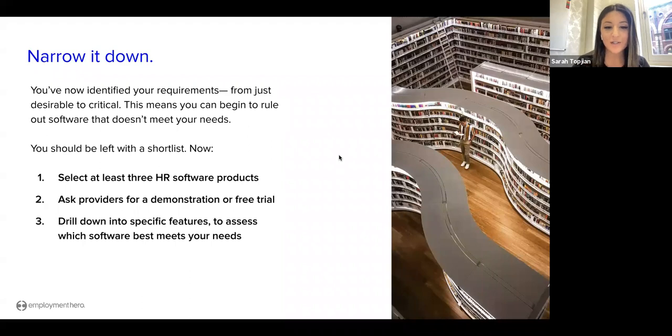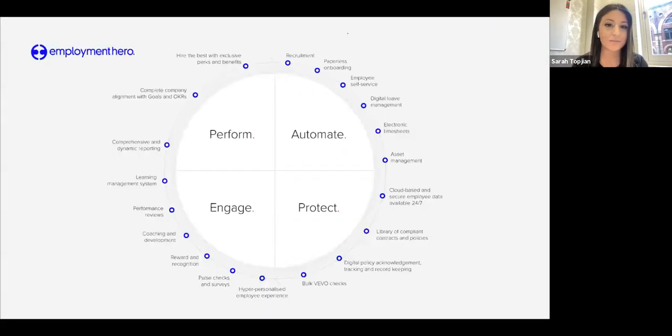And then drill down into specific features around those needs that you have. So start with those that are the most important to you in your business. Select those 3 and ask the presenter to focus on those first. Once you've ticked those boxes, maybe look at some other features that might be aligned with your nice to haves or your future needs in the business.